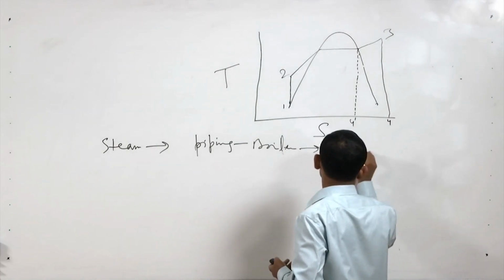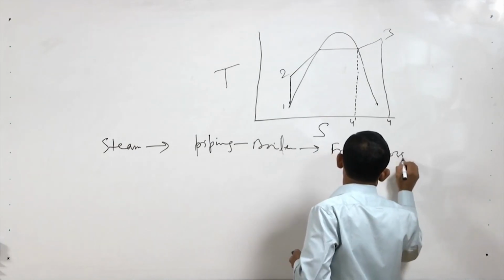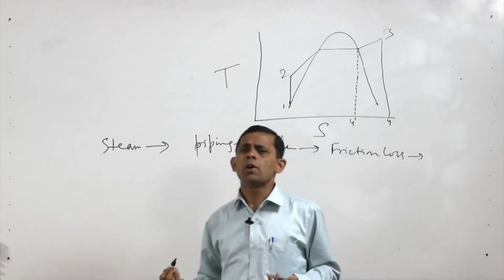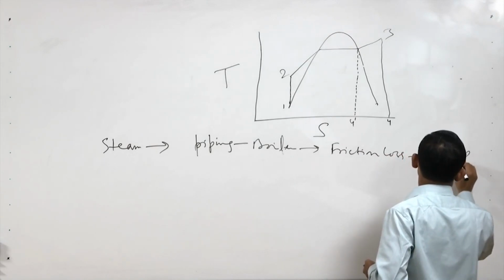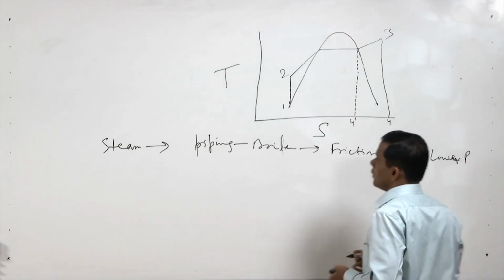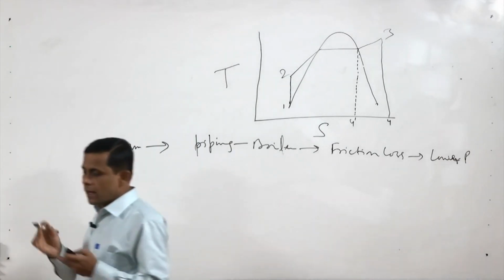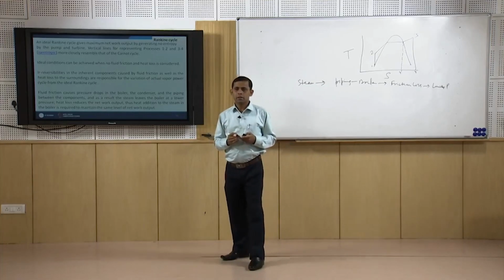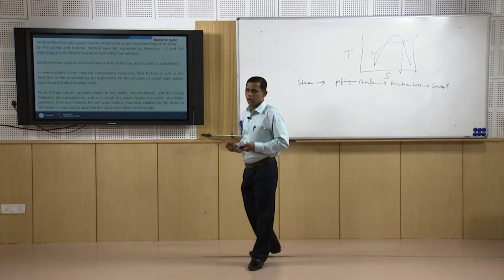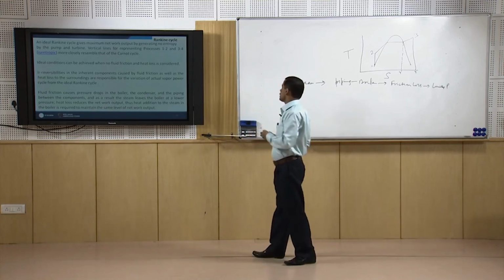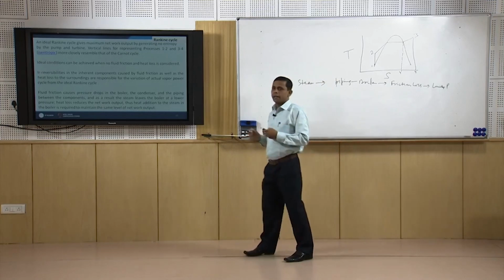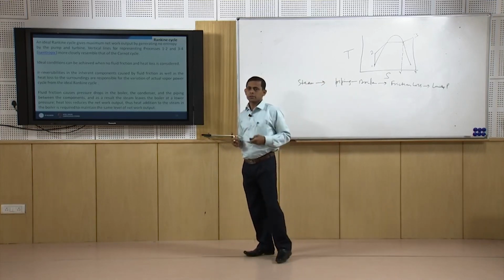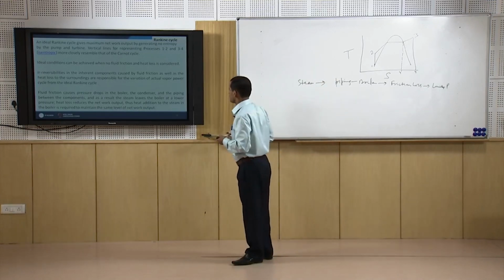Friction loss will give lower pressure, and higher pressure is required for getting more efficiency. That is why the friction loss gives us lower efficiency and deviates from ideal to real conditions of the Rankine cycle.